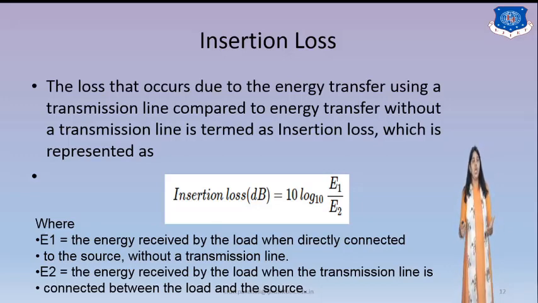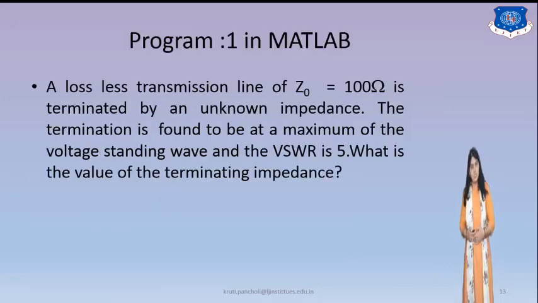This insertion loss in dB is equal to 10 log10 of E1 upon E2, where E1 is the energy received by the load when directly connected to the source without a transmission line, and E2 is the energy received by the load when the transmission line is connected between the load and the source.